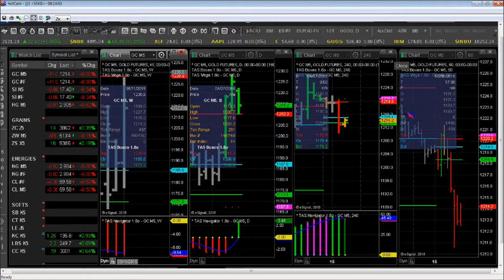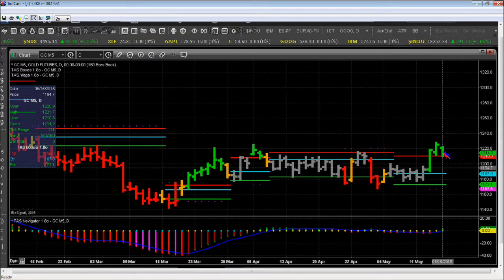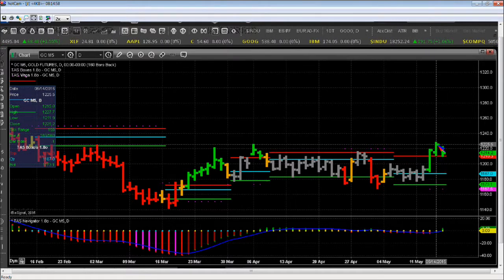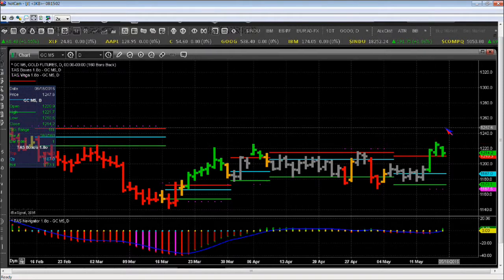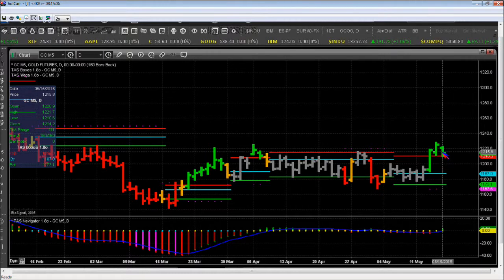Here's the daily situation. So we always talk about close above, go back and retest. This is that 1210 area. We've hit 1210 this morning, and in the last 24 hours we've hit about 1228. So that was the target up top, and now we're coming back down to support. But do I feel rosy about gold?